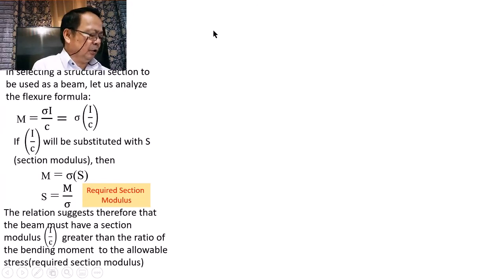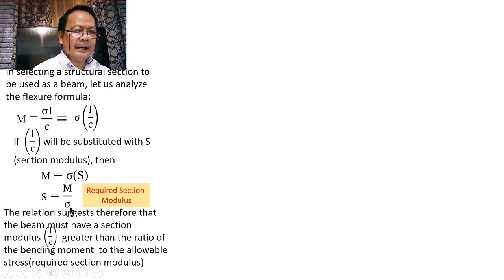Ngayon, anong gagawin natin dito? Sa makatwid, itong relation na ito na ipinakita natin, it will suggest that for the beam, that the beam must have a section modulus, yung I over C, that will be greater than this ratio of M over the allowable stress. In other words, yung available section modulus base do sa property ng cross-section ng beam, which is the ratio of I over C, ay dapat mas malaki doon sa section modulus required as the ratio of the moment to the allowable stress.